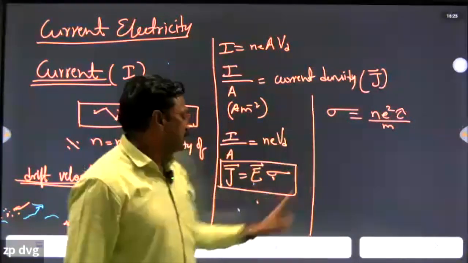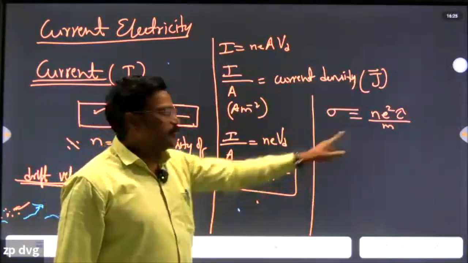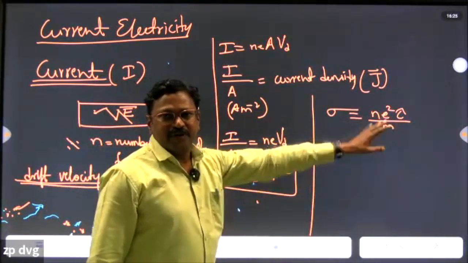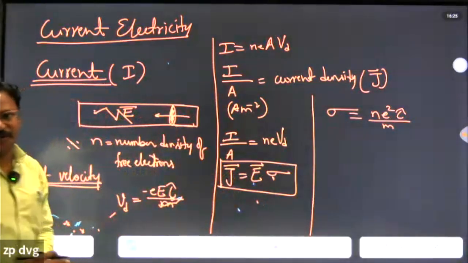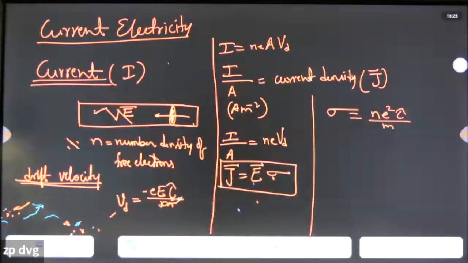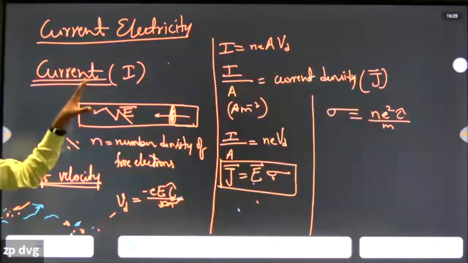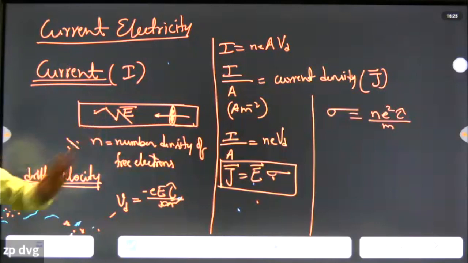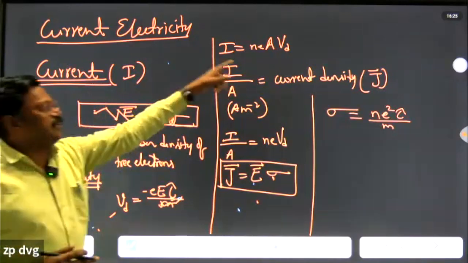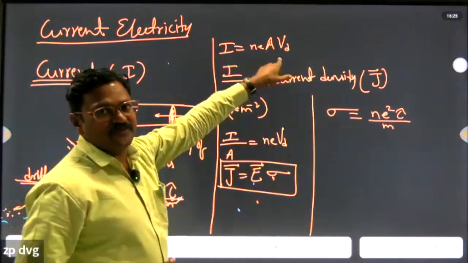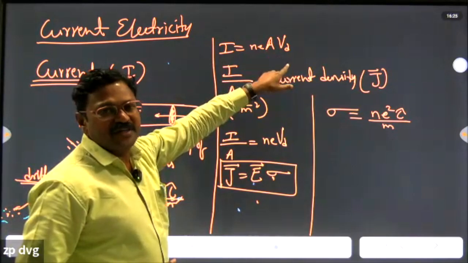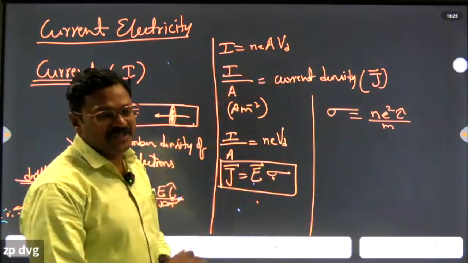Okay, so sigma is equal to n e square tau by m. With these basic formulas, let us now take up questions so that we can practice how to find the value of current, how to find charge, and what the various parameters are. If questions are framed on this, and one of the quantities is unknown, how to calculate that unknown quantity. So we'll take up examples and see.